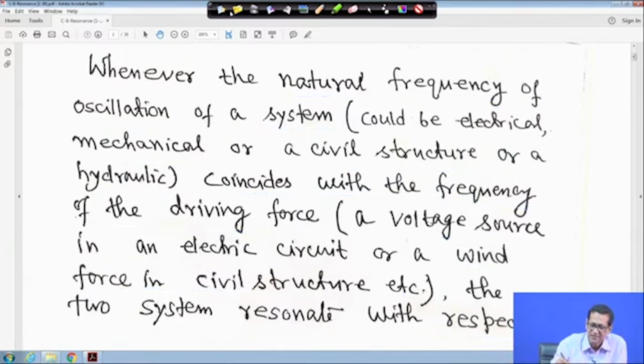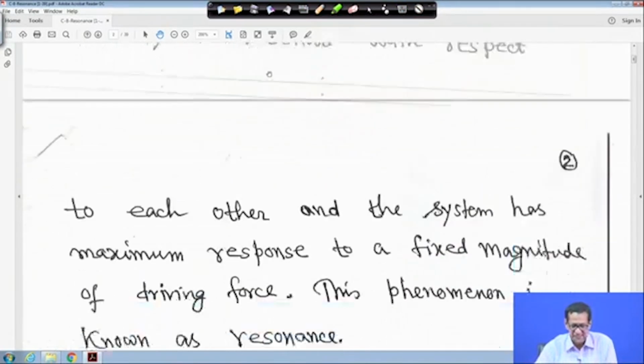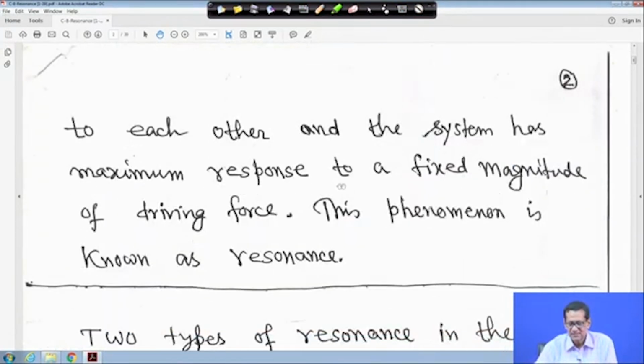Resonance is not good for the system. In that case the system has a maximum response to a fixed magnitude of driving force. This phenomenon is known as resonance.